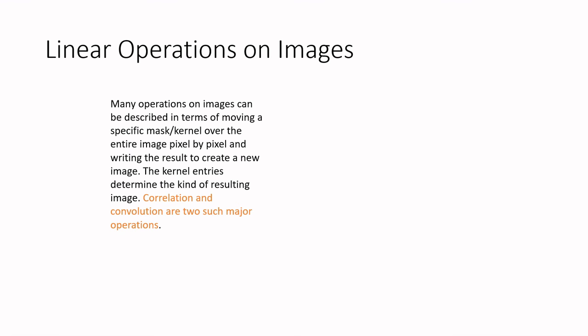Now, these kernel operations are actually linear operations on images. And many operations on images can be described in terms of moving a specific mask or kernel over the entire image, pixel by pixel, as we have done in the convolution operations. The kernel entries determine the kind of resulting image. And two such major linear operations are known as correlation and convolution.